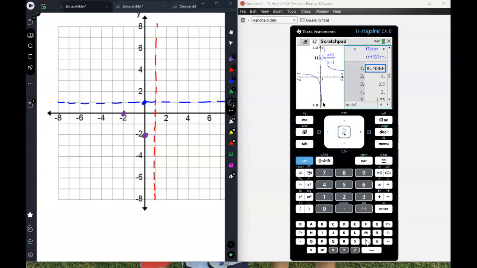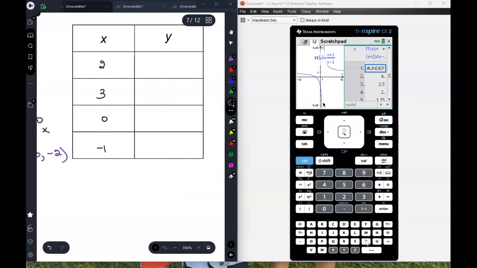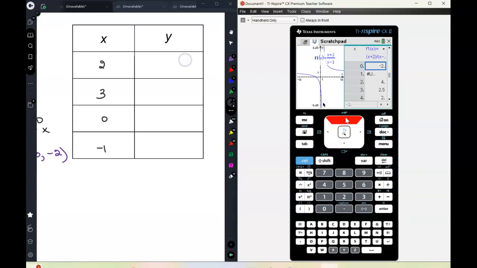And then to the left, I want to pick 0 and -1. Okay, so here, -1 is -0.5. 0 is -2. I'm just reading them off the table. 3 is 2.5. 2 is 4.